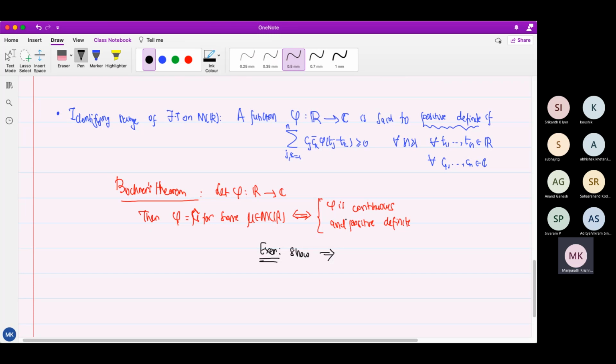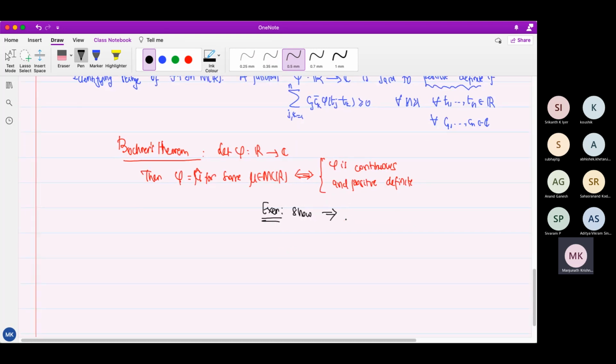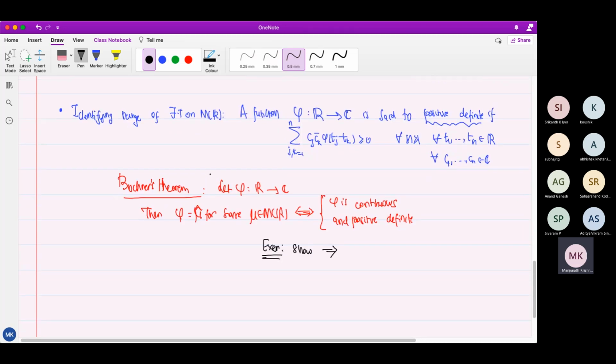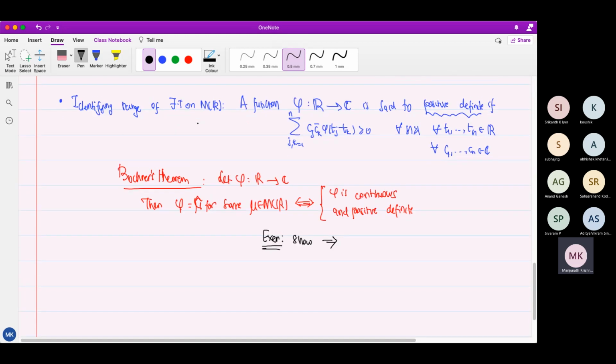One can do it, but if you know the theorem, you can always read up the proof sometime. I don't want to spend time on it. So that is Bochner's theorem. This identifies exactly the range of the Fourier transform on measures. There is no analogous theorem for L1 functions.